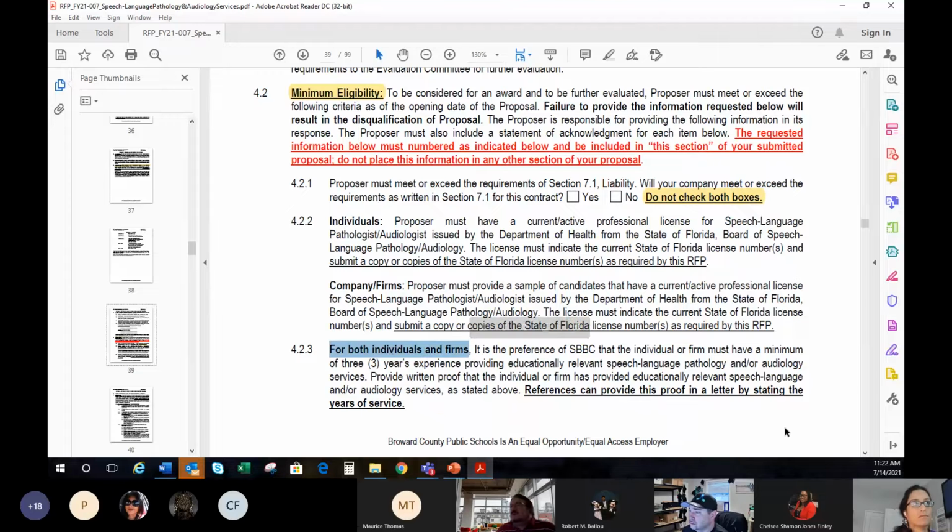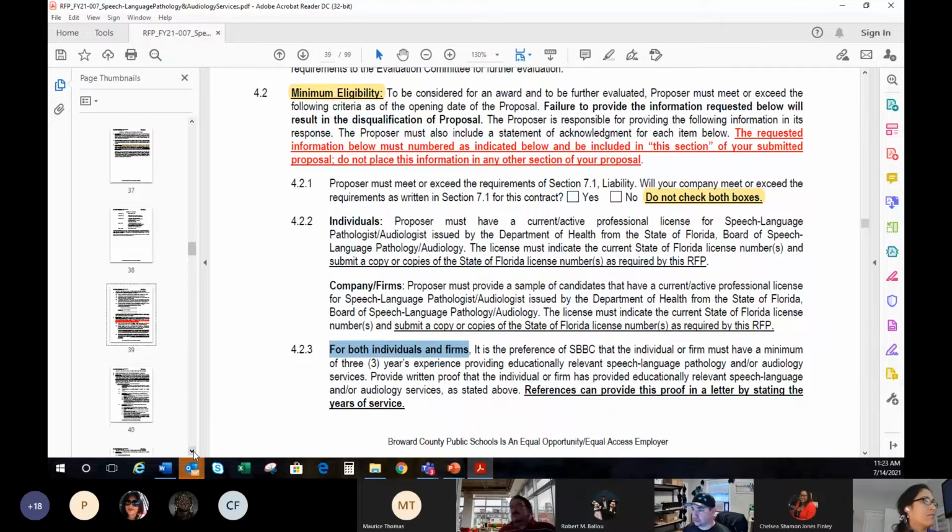This requires references, who can provide this proof in a letter by submitting the years of service. When you get a reference, we want them to put in the letter, say, company A has been providing business.